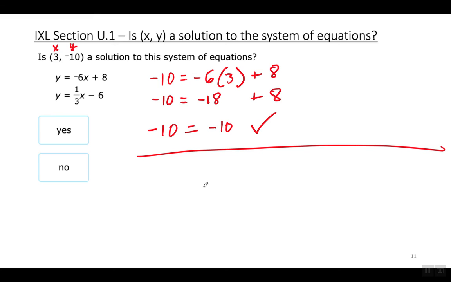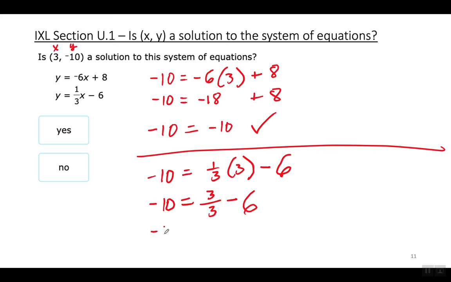So yes, that is true. On the bottom, I'm going to have -10 equals 1 over 3 times 3 minus 6. 1 over 3 times 3 gives you 3 over 3, which equals 1 whole, and 1 minus 6 is -5.